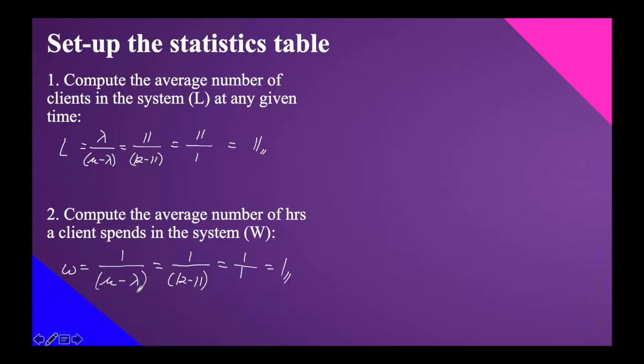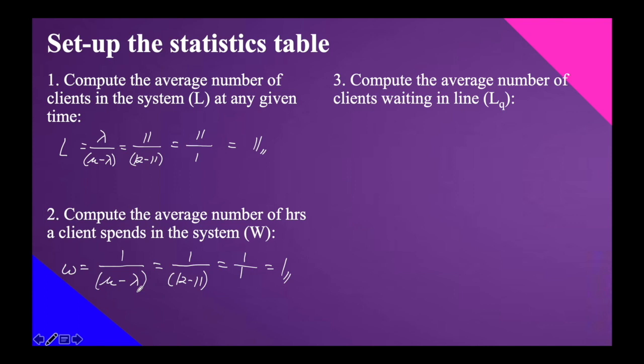Number 3 is to compute the average number of clients waiting in line, or L sub Q. For L sub Q, the formula is lambda squared all over mu multiplied by the difference of mu and lambda. Here, lambda is 11, so 11 squared.